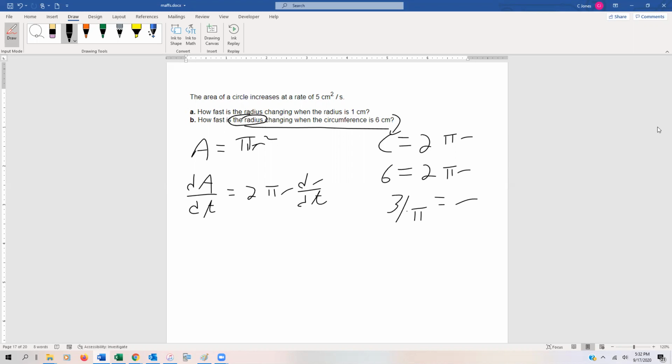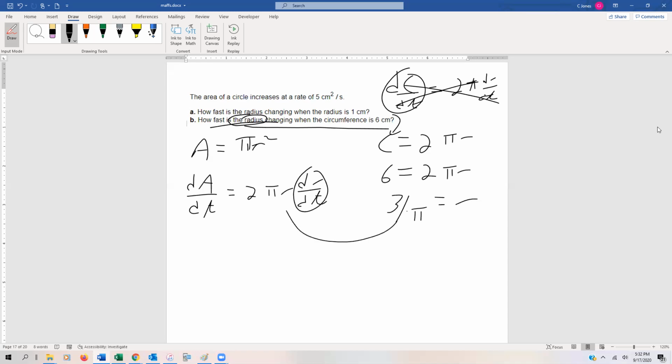Remember we took the derivative and said dC/dt is equal to 2 pi dr/dt. But we don't need that because we're not looking for the change in the circumference, we're looking for the change in the radius, which is this right here.